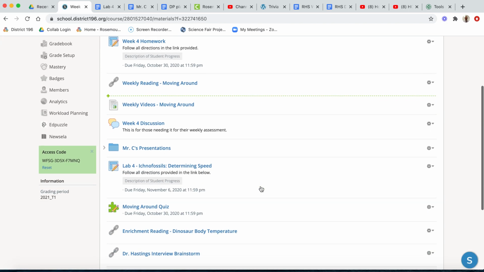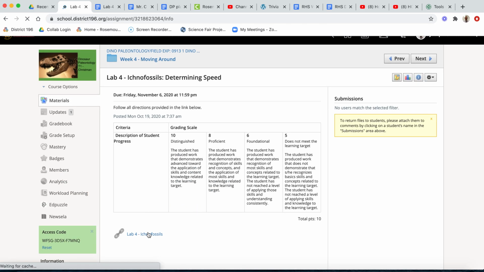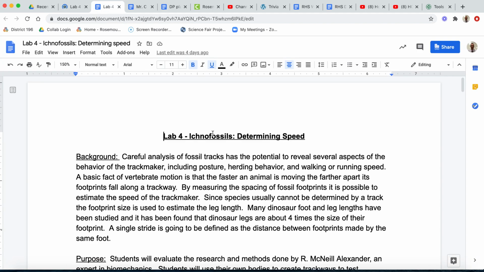And then the last thing I want to talk through is this determining speed lab. Okay, so when you open the lab up, down at the bottom is the link, which will take you to the lab itself. And I would say sending this over to Notability might not be a bad idea.